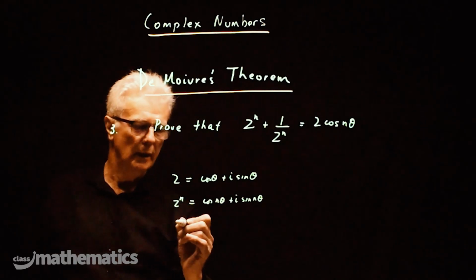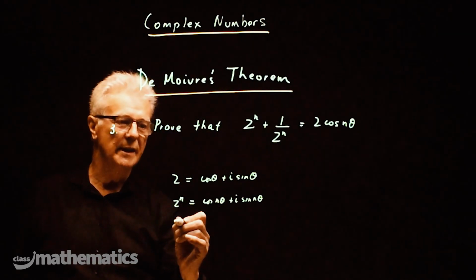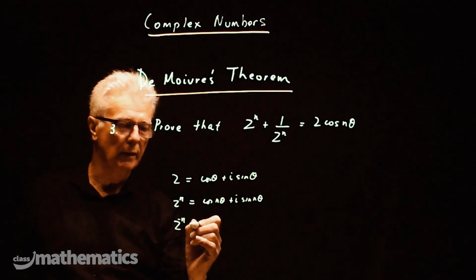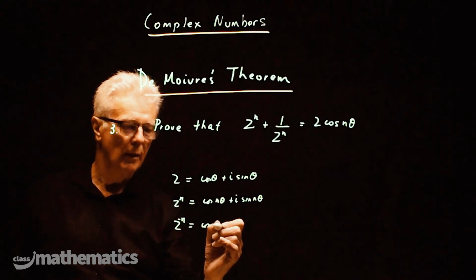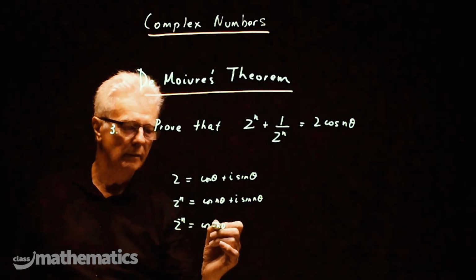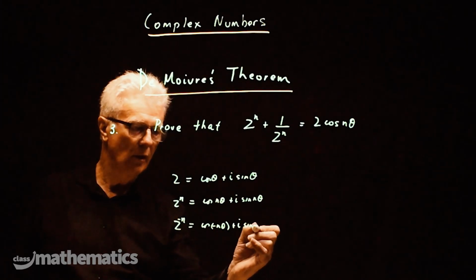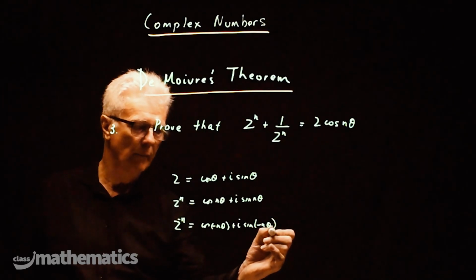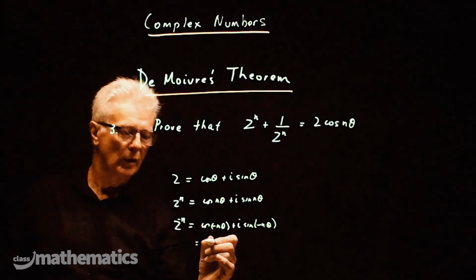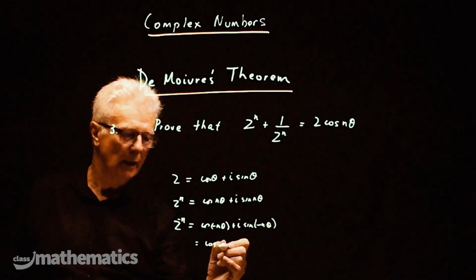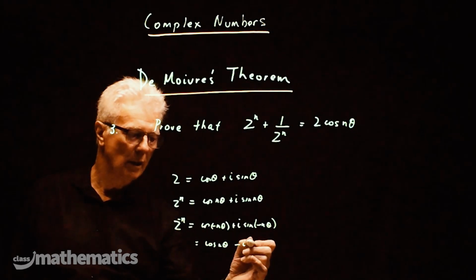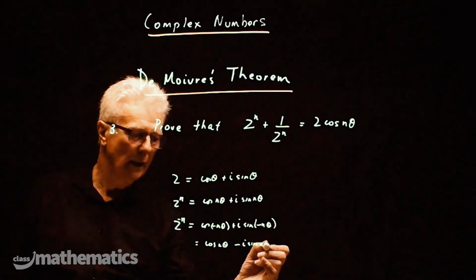Now 1 on z to the n is z to the minus n, which is the cos of minus n theta plus i sine of minus n theta, which is the cos of n theta minus i sine of n theta.